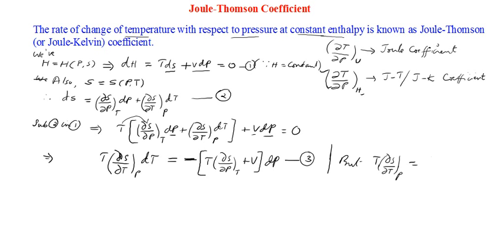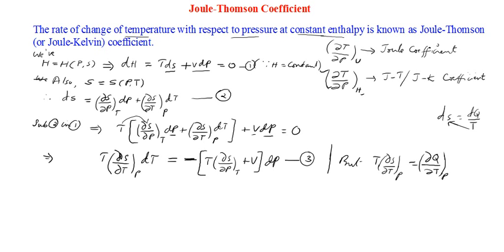We have already seen that it can be written as ∂Q or đQ, whatever it is. So it will be ∂Q by ∂T, from the definition of dS. So you have dS is equal to dQ over T. On cross multiplying, it gives T dS is equal to dQ, or T ∂S will be equal to đQ, or ∂Q, at constant pressure.